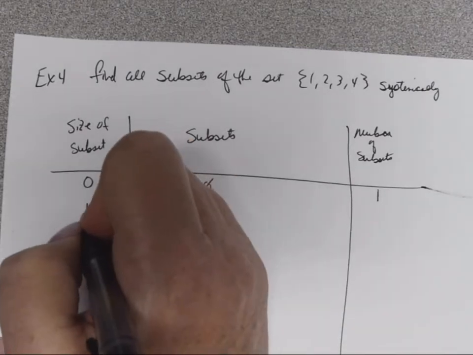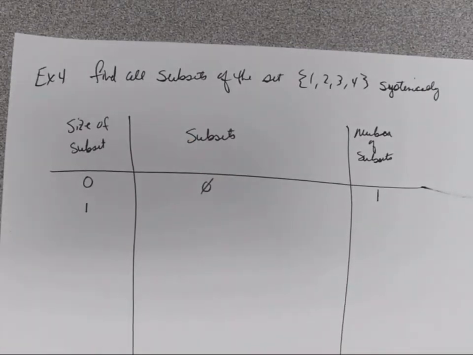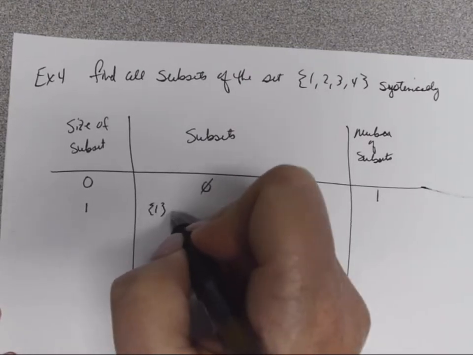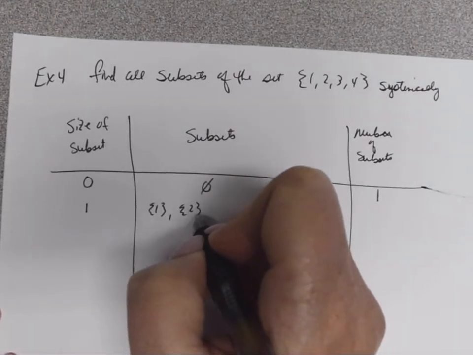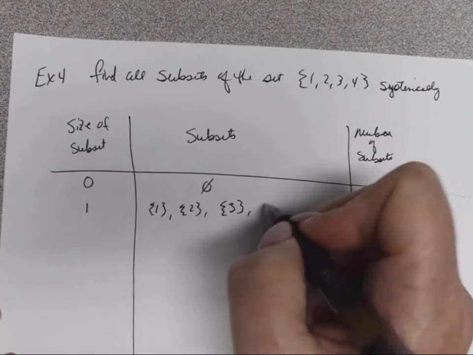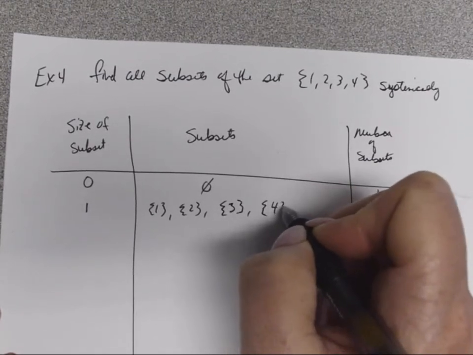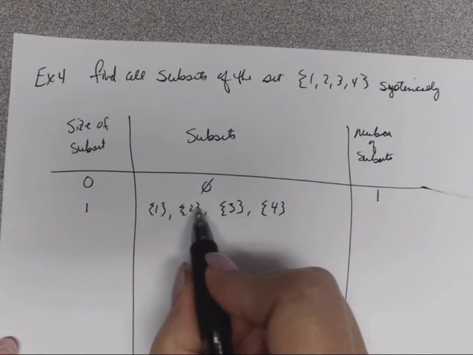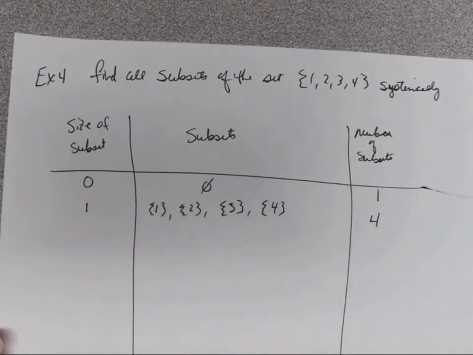Then we'll look at all subsets that have one element. That would be the singleton set of 1, the singleton set of 2, the singleton set of 3, and the singleton set of 4. So we have 1, 2, 3, 4 of those.